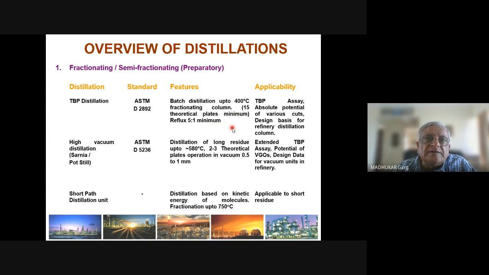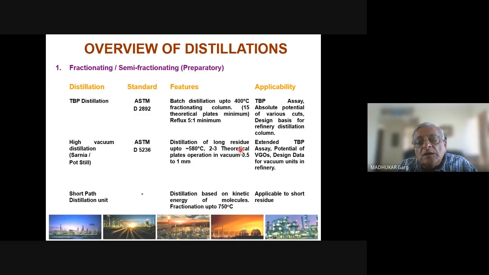What we call preparative TBP distillation is where you can actually take the cuts physically out. So between 0 to 10%, 10 to 20%, 20 to 30%, those cuts you can take out. And then you can analyze them further to understand which molecules are present in which range of distillation. This is up to 360.